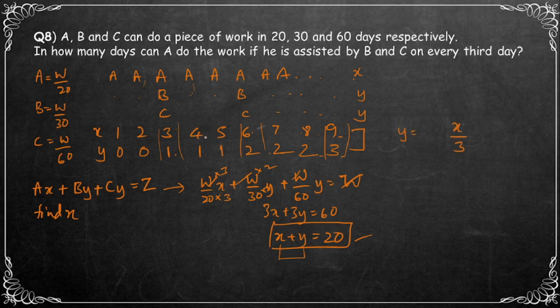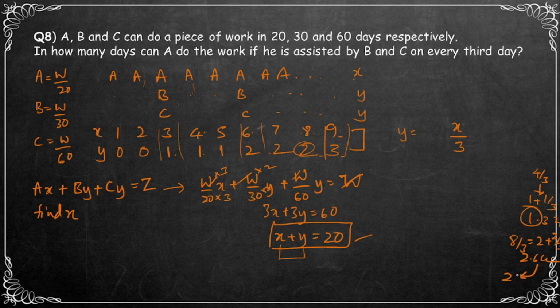But if we see this point, 4 divided by 3 is nothing but 1 plus 1 by 3, which is 1.333. But we need only 1 out of it. Similarly, 8 divided by 3 is 2 plus 2 by 3, so 2.666, but we need the answer as 2.